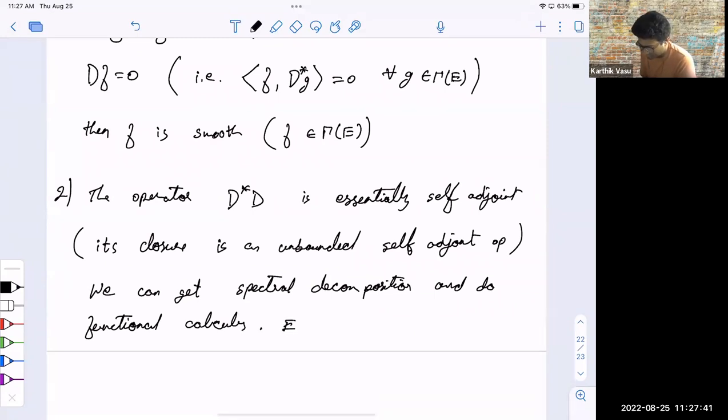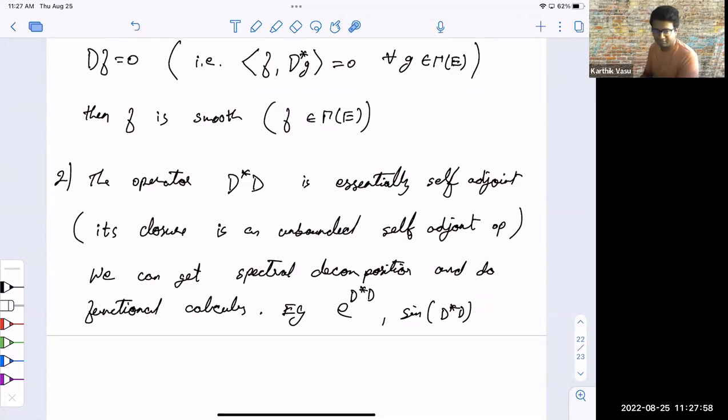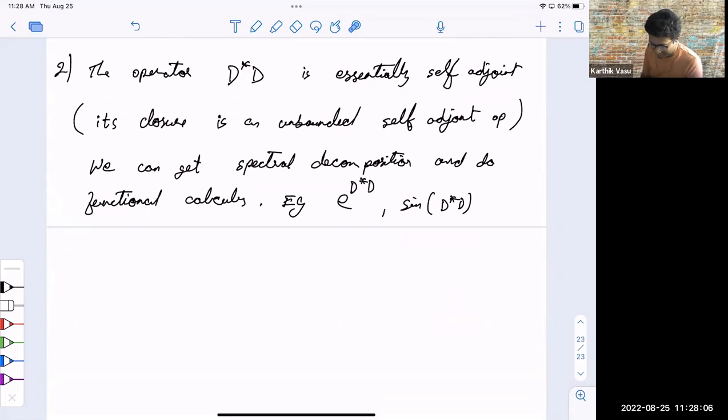Basically, what that means is I can say what the exponential of D*D will be, or sine of D*D will be. So it allows me to define these operators. These will be new differential operators, and having self-adjoint things, you can do this because you apply this function to the spectrum of the operator, and that just gives you the answer. And finally, 3, D is Fredholm.